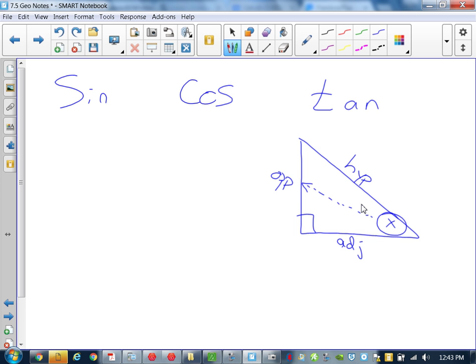For example, if I want to talk about the sine of some angle, the sine of some angle is always the ratio. Remember what ratio means? What is it? More specific. Proportions are two ratios set equal to each other.